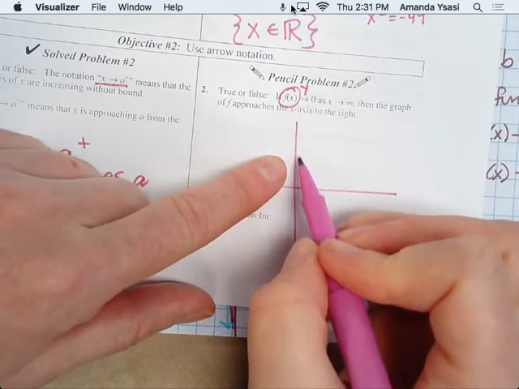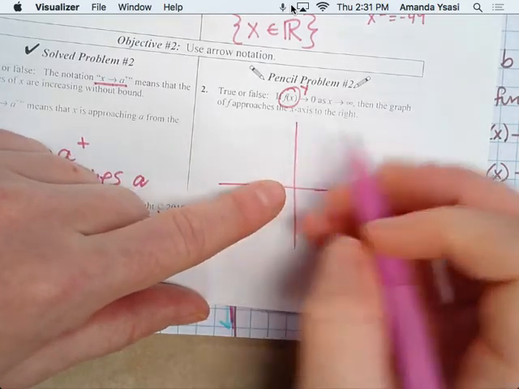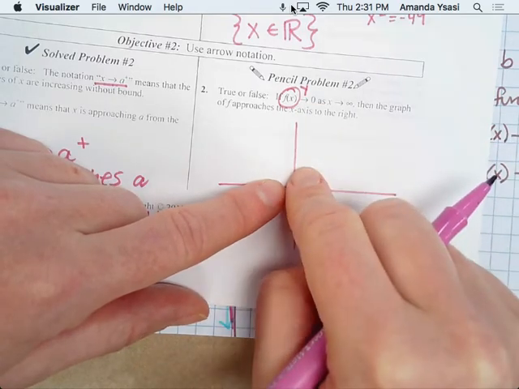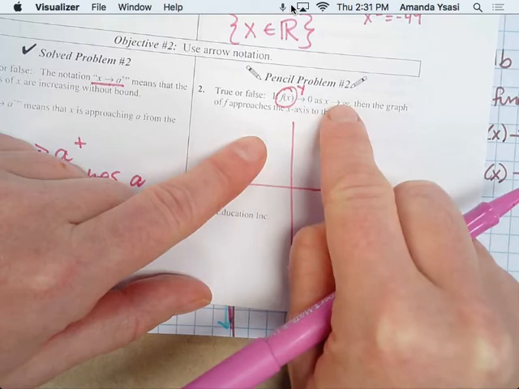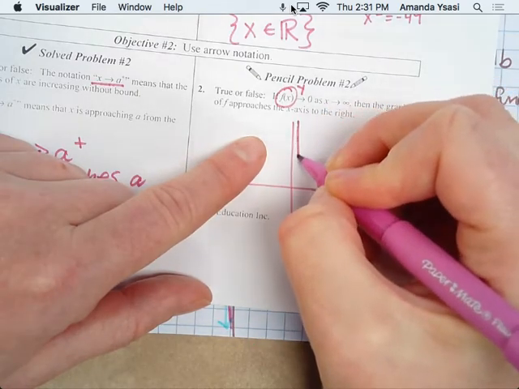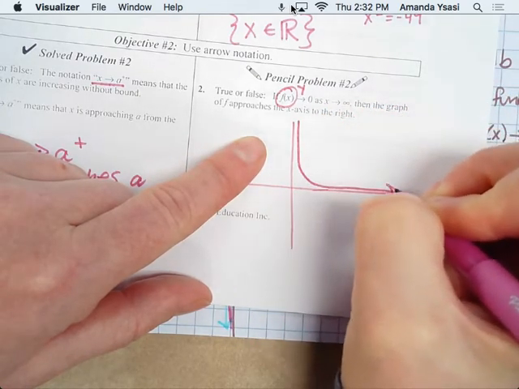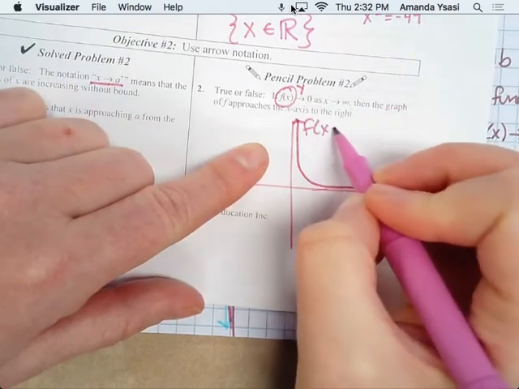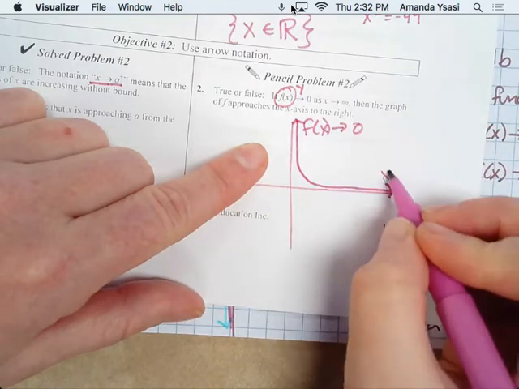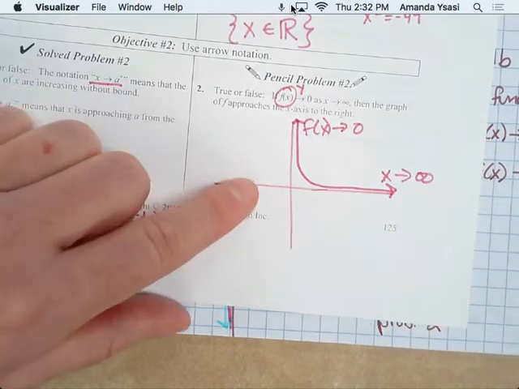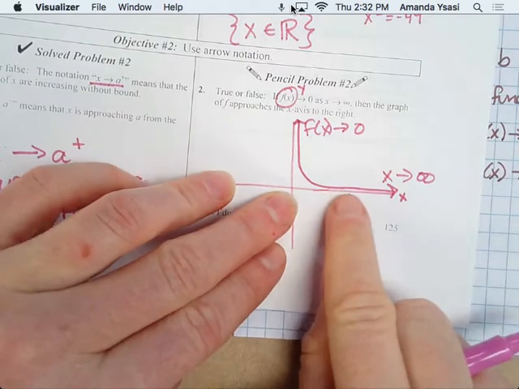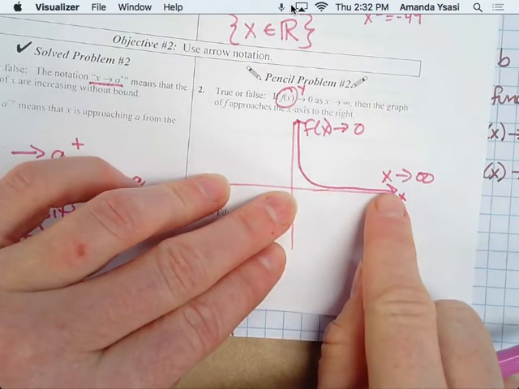So if the y value approaches 0, so that means it's going down, then as x goes to infinity, so it's like this, that's what that is saying, because the f of x is going to 0 and the x is going to infinity. Then the graph of f approaches the x-axis to the right. It's approaching the x-axis to the right. So this is true.